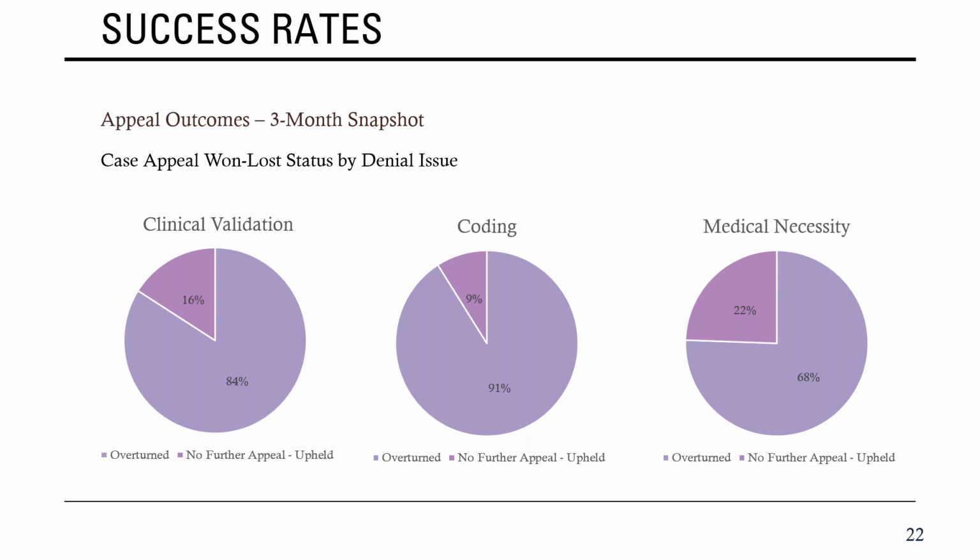Now, when you're looking at your overturn rates, I recommend that you look at cases that you took all the way as far as you can for appeal. So I always advocate for going all the way through the ALJ for traditional Medicare, all the way to external review, if that's an option for a commercial payer to go outside the internal appeal process, and do your overturn rates that way.